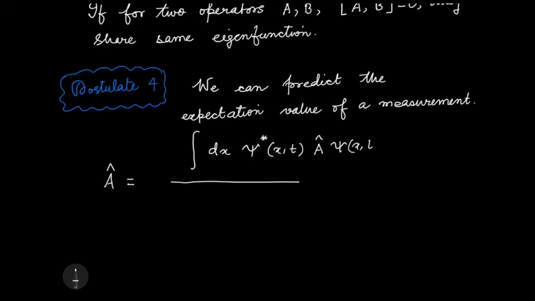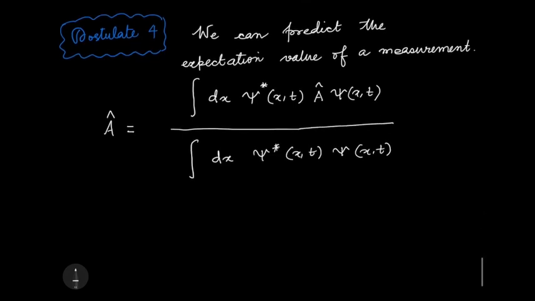So it is to be like this. So that is the definition of my expectation value. Now you give me an operator and you give me the wave function on which I will be operating. I can tell you, if I do the experiment 100 times, what is the average of the expectation value of that experiment.